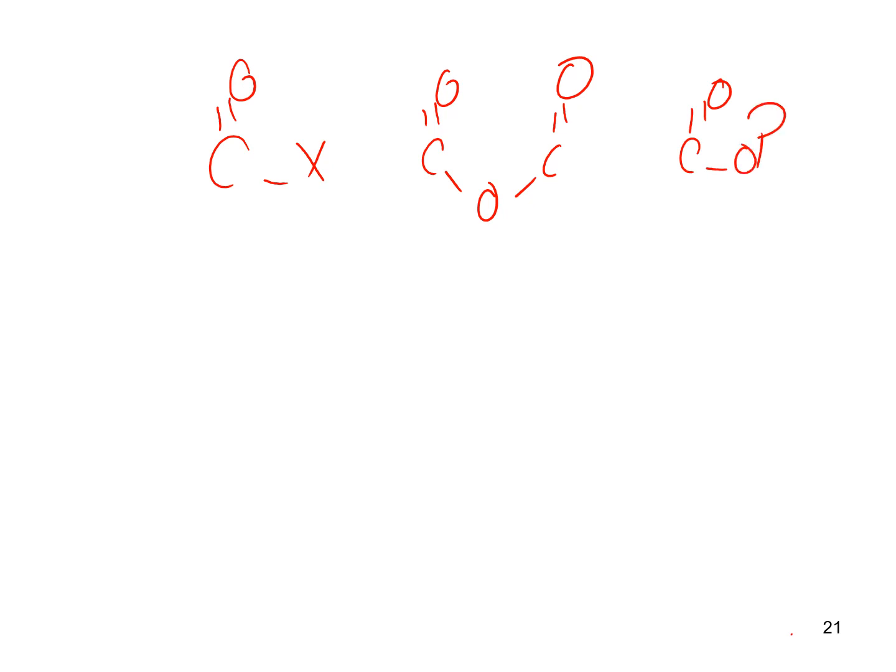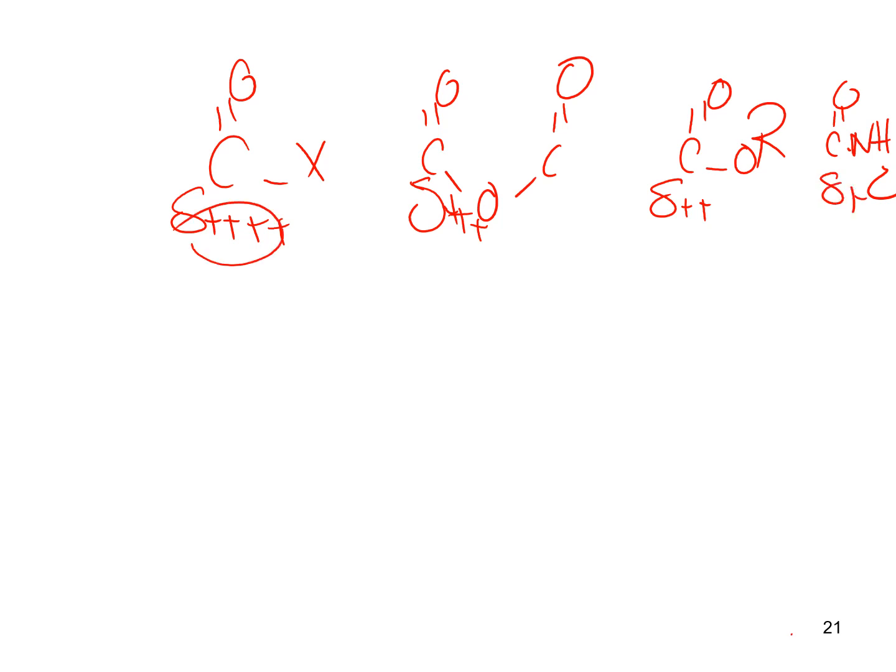As we mentioned, you have the acid halides, and then you have the anhydrides, you have the esters, and finally you have the amides. So as we said, this is the highest positive. So we have here 4 positive, only 3 here, 2 here, and 1 here.